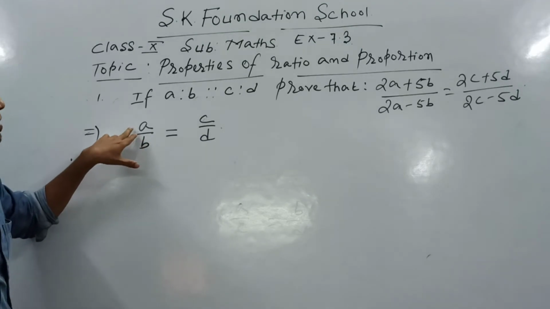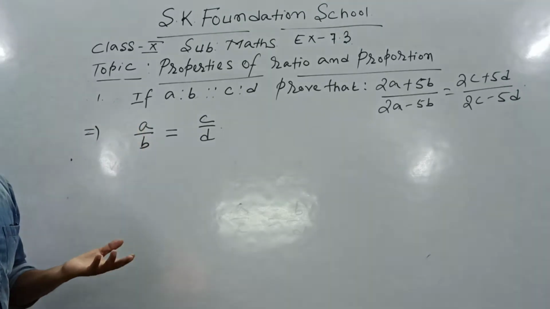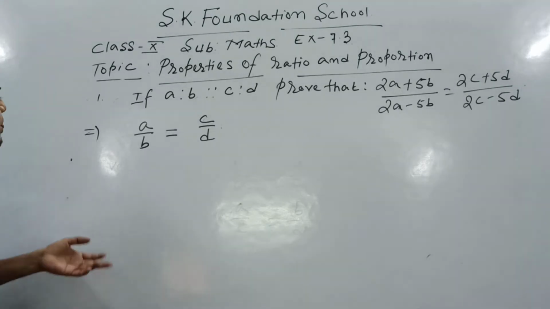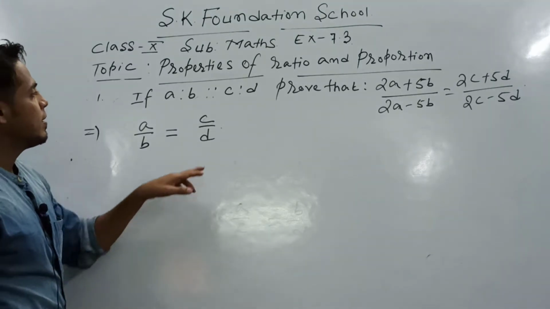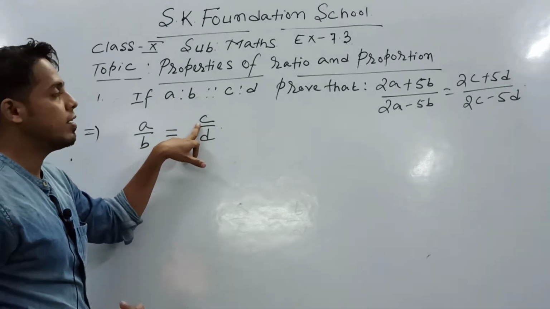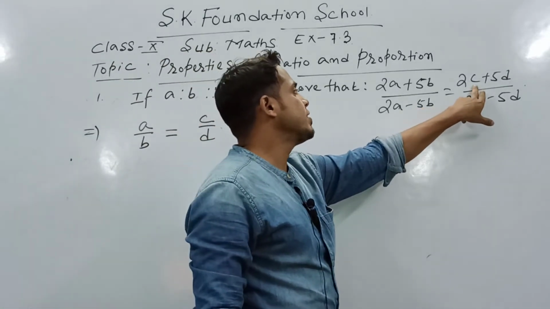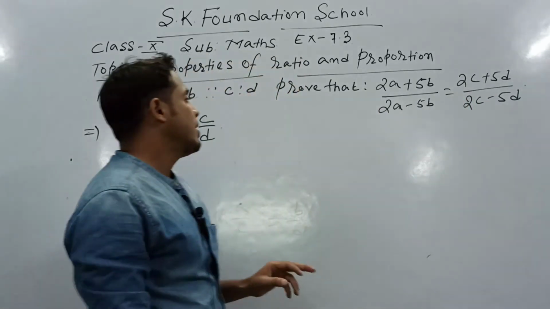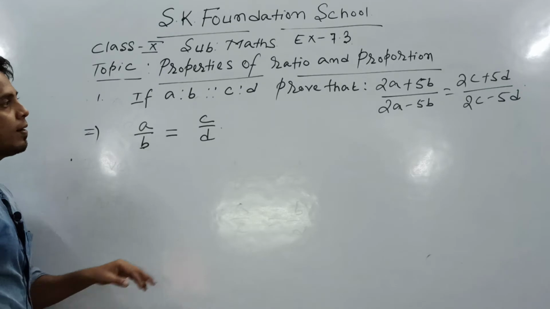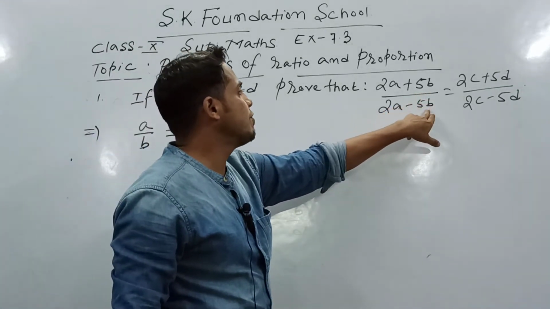If we want to change this A into 2A form, then we multiply A with 2. In the same way, here C contains coefficient 1, here C contains coefficient 2. And here B contains coefficient 1, here B contains coefficient 5.